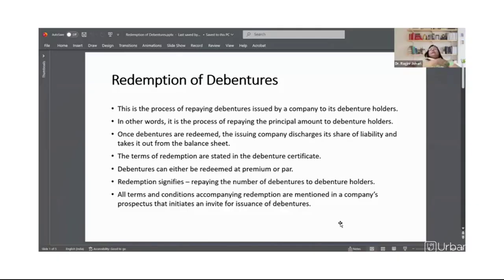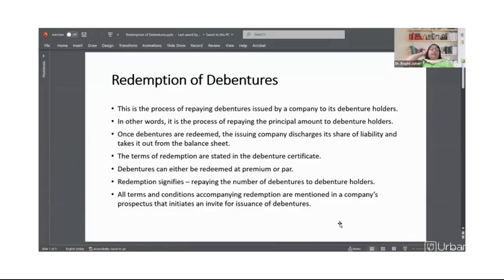Just as debentures can be issued at premium, par, or discount, but when it comes to redemption, the debentures will be redeemed either at par or at premium. They are not redeemed at discount, because that's a kind of loss the debenture holders would incur, and therefore not a motivation for the debenture holders to invest in a certain company.